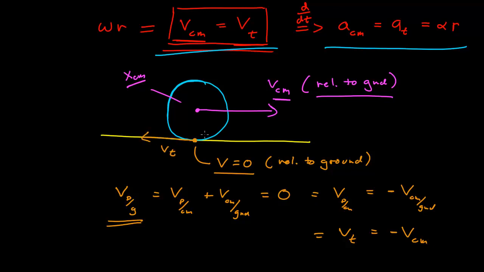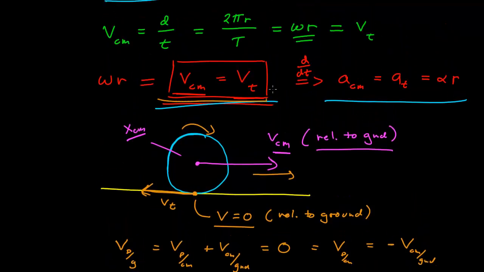There's the tangential velocity of that point of this object rotating here in a clockwise direction. These are vectors, so this is correct: my velocity of the center of mass is pointing in this direction, and the tangential velocity is going in the other direction. We have to be a little careful, of course.